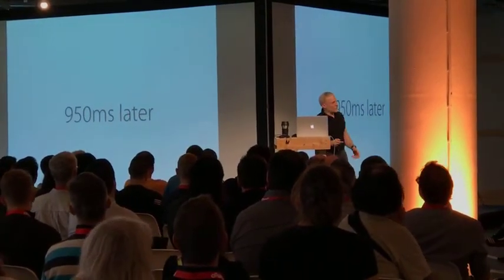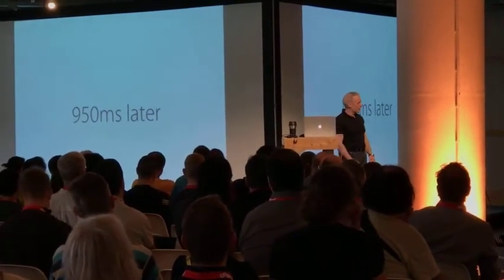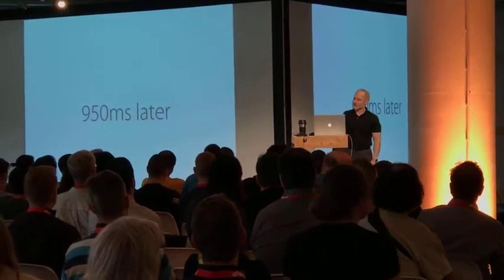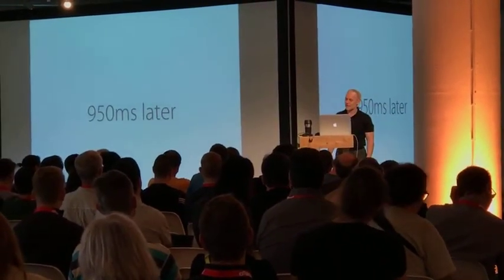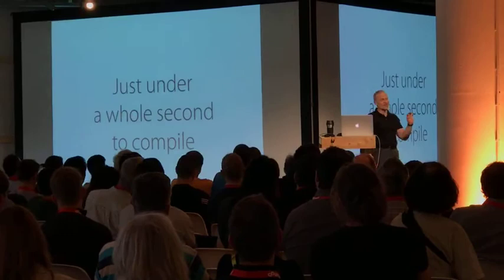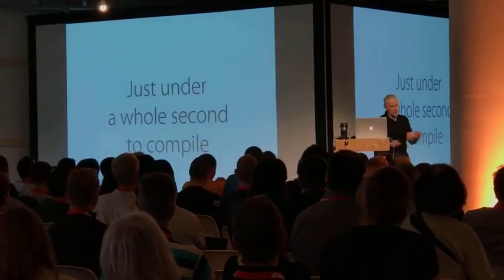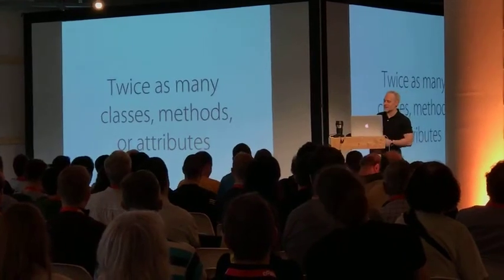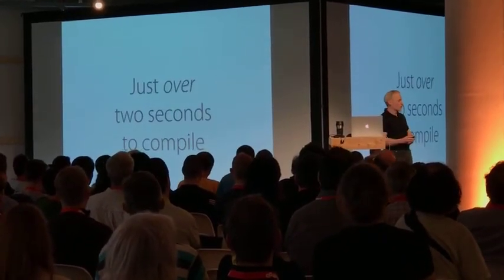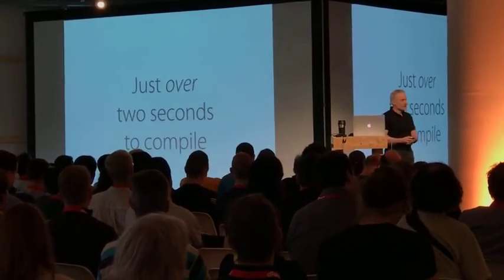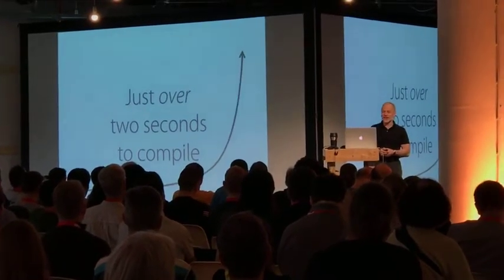And 950 milliseconds later, the damn thing started running. Yep, took just under an entire second to compile. So, being a cautious type, I doubled the number of classes, methods, and attributes, and now it took just over 2 seconds to compile. So the slowdown wasn't even linear.